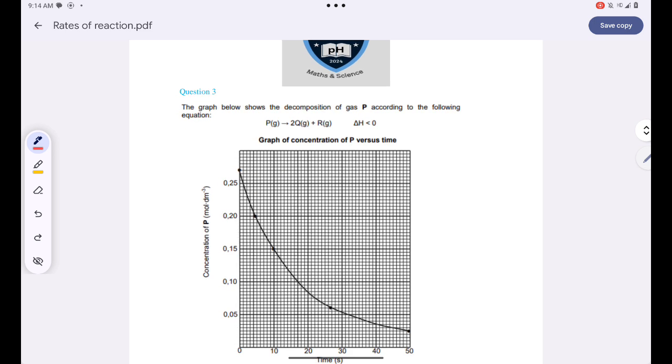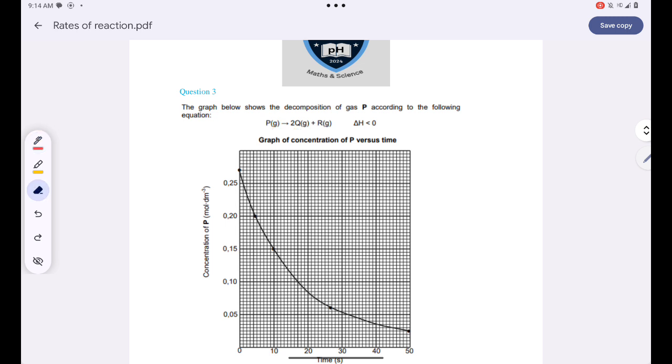Okay, we are told that the graph below represents the decomposition of gas P according to the following equation. So the gas P will simply decompose into both Q and R together.